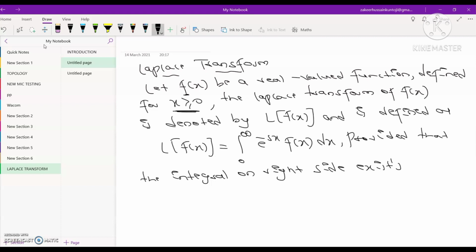It means that it must have some finite value. It must not be equal to infinite value.